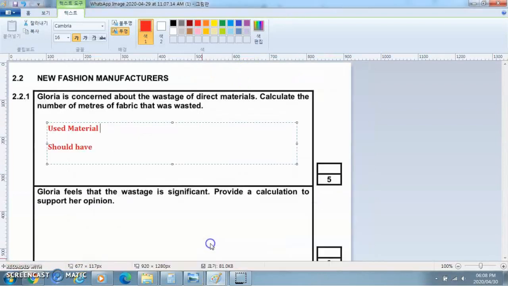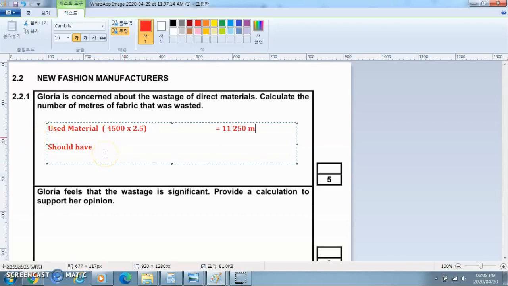To make it easier, material used is 4,500 multiplied by 2.5. If you multiply this, your final answer should be 11,250 meters. This is what was used, right?